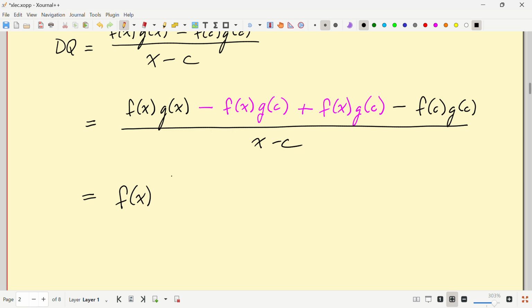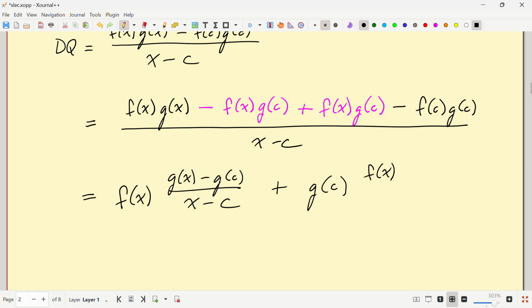And then what I get here is the difference quotient for the g derivative. That's too good to be true almost. But then the rest of it, a miracle happens. And now I can pull out the g of c term. And what's left is a difference quotient for f. So that's all there is to that trick.